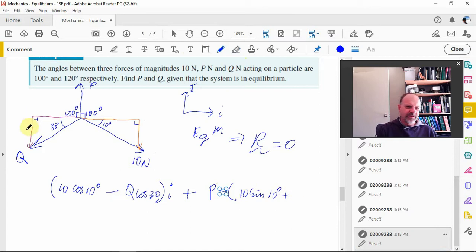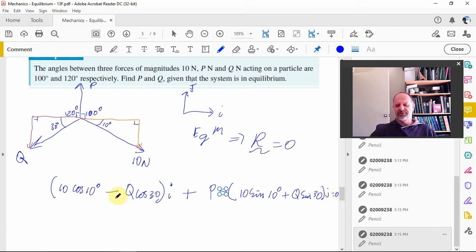And also in that direction, we've got this one here from the Q, which is Q sine 30, J, and that's equal to 0.